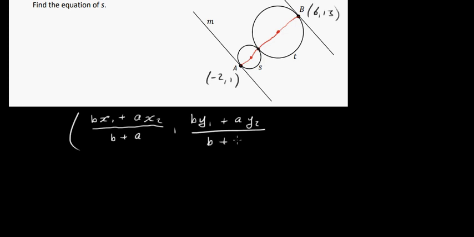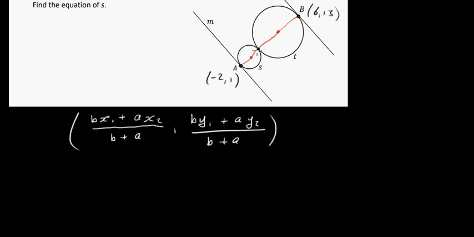And the formula, I'll just write it out here, but the coordinates of that point are going to be bx1 plus ax2 over b plus a, and the y coordinate then is going to be by1 plus ay2 over b plus a.